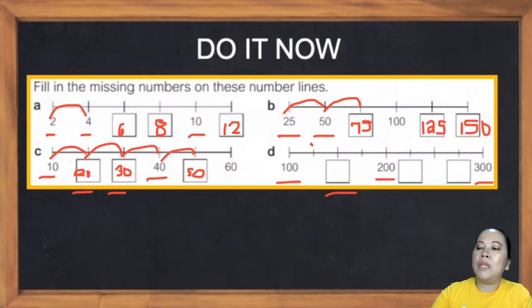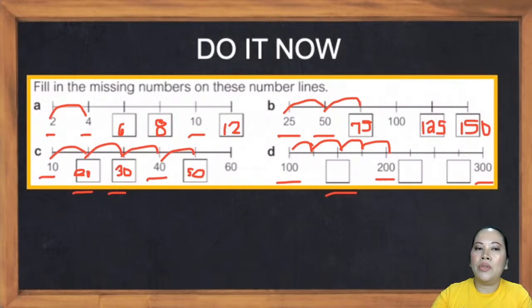The scale in between 100 and 200, there's 1, 2, 3, and before it goes to 200, that is a 4. So 1, 2, 3, 4. So 200 divided by 4 is actually 50. So that means each scale is by 50s.